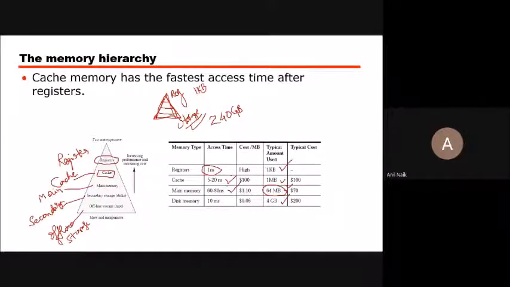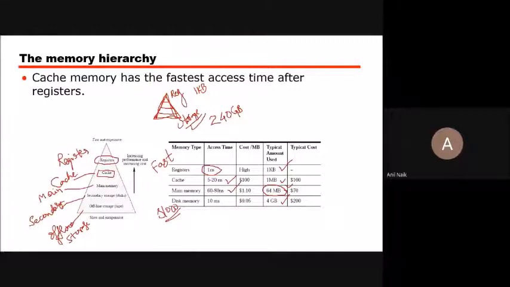And here the first thing is that the access is fast in the register. The access time is fast in the register, and in the disk memory it is slow because the memory size is very large.